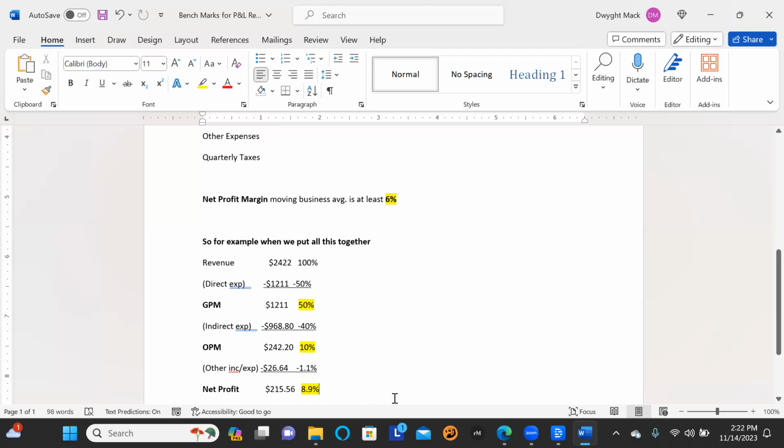And these were using, like I said, small numbers to give you an idea that if this was $200,000, you would have spent $100,000. You would have then spent $40,000. You would have then spent another $10,000.